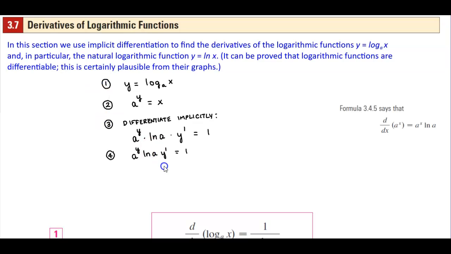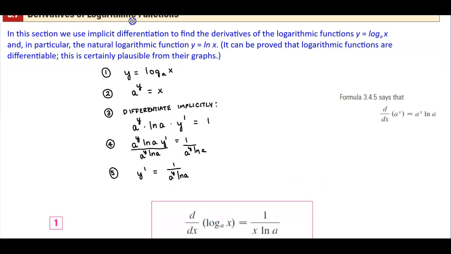And so we want to solve for y prime. We divide both sides by a to the y times the natural log of a. Therefore, y prime is going to equal 1 over a to the y times the natural log of a.